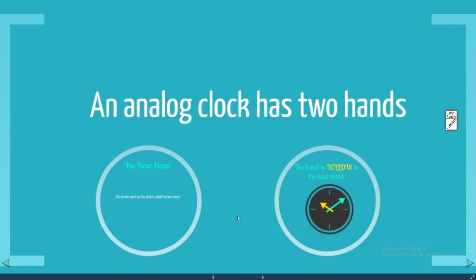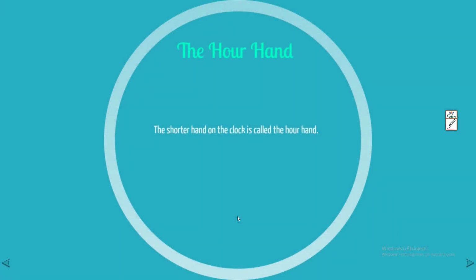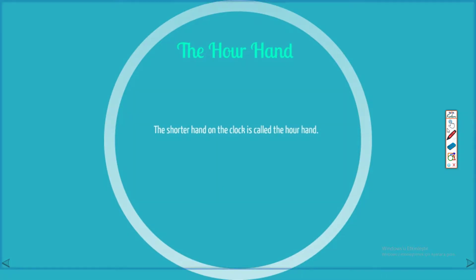An analog clock has two hands. It means two parts. The hour hand, the shorter hand on the clock, is called the hour hand. Okay, it is like this.